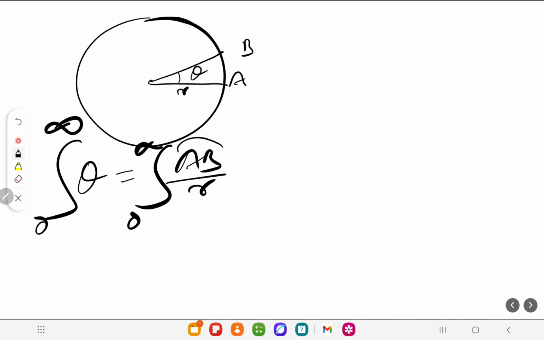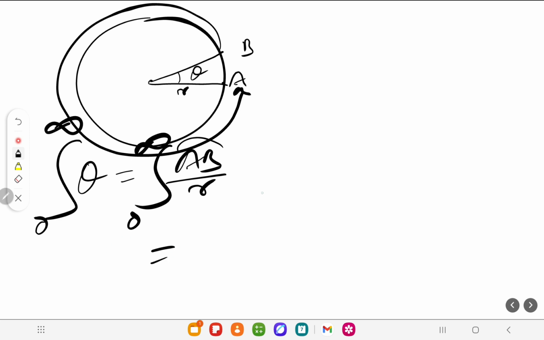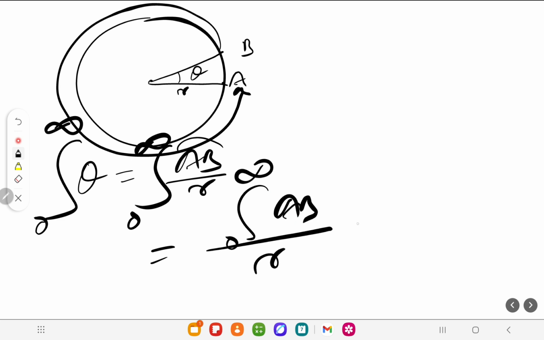Suppose you move B all the way around to A again, total 360 degrees. Then, because R is always constant, the arc is the circumference, so the formula is 2 pi R divided by R.